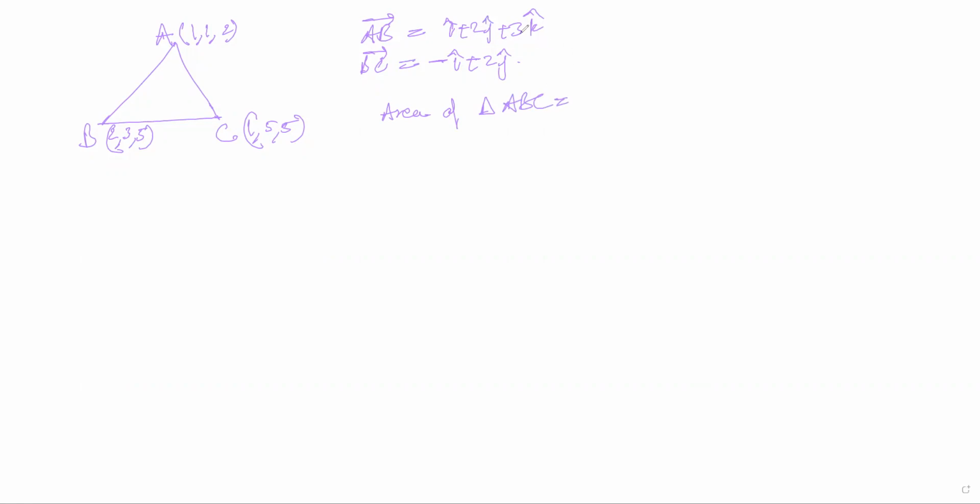This would be minus 6i cap. I mean the magnitude of this, minus 6i cap. Then this would be plus 3k... minus 3j. Yes, sir. Plus 3, sorry.